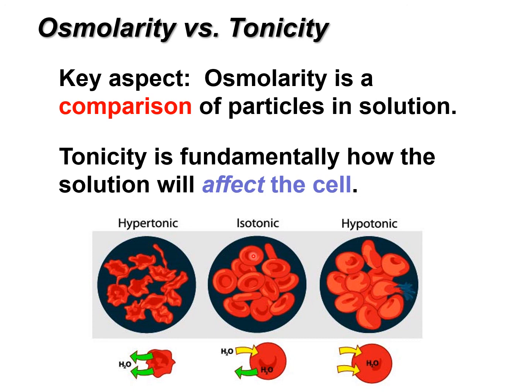Now, the solutes inside the cell are almost always non-penetrating. You don't see solutes after you've gotten them in the cell moving back out of the cell. It's very, very rare. So we're going to assume anything inside the cell is non-penetrating. But what about the outside of the cell? If the outside of the cell has penetrating solute, that can make tonicity a little trickier than the straight up osmolarity comparison, if you will.